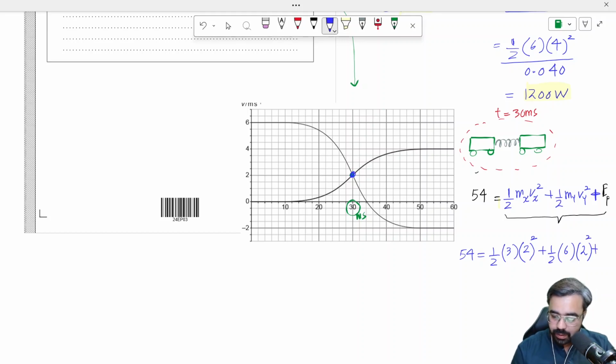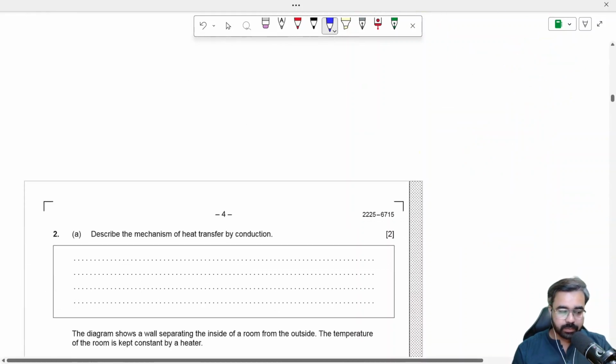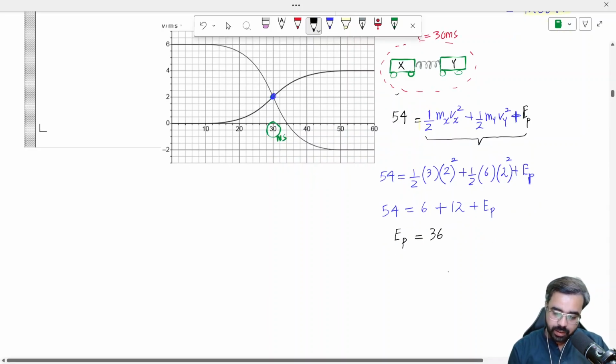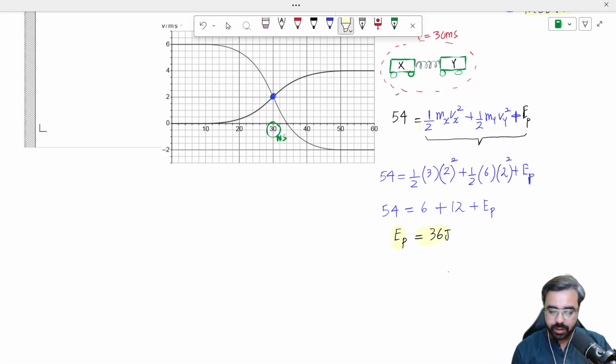So 2 square plus the potential energy. So 54 is equal to 12 over 2, that is 6 joules, plus 3 times 4, that is 12, plus the potential energy. So finally the potential energy right at this point is 36 joule. So this is a potential energy that is also changing during the whole time of collision.